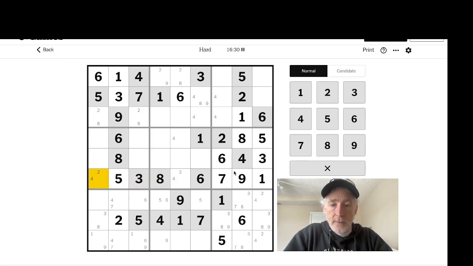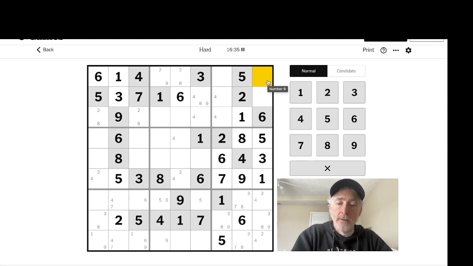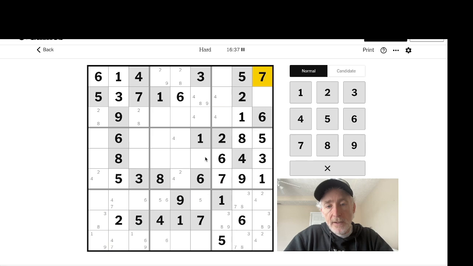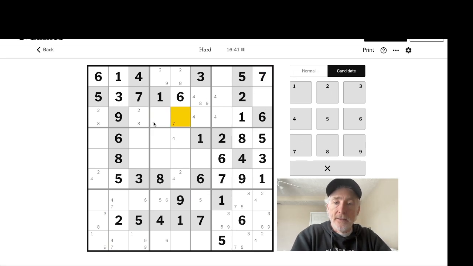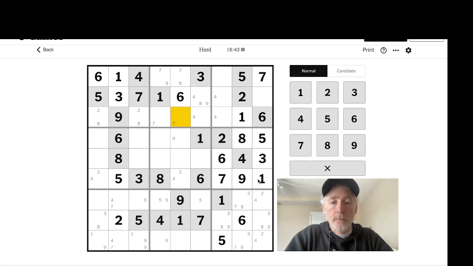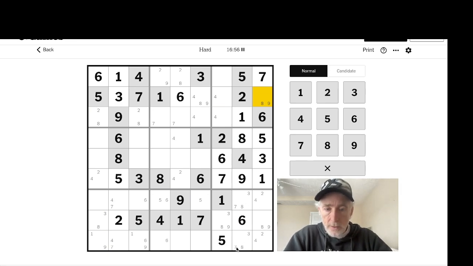Okay, 7. So now this is a 7 up here because of these pointing 7s, this place 7 and this 7. And we can pencil 7s over here. This can't be a 3 anymore. So it's either an 8, 9. This is an 8, 9 pair in the column now. This could be, let's see, 3.